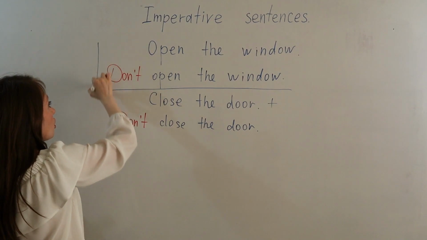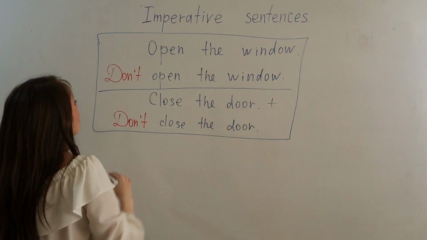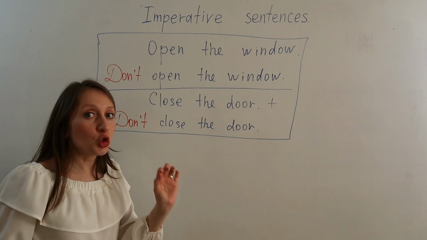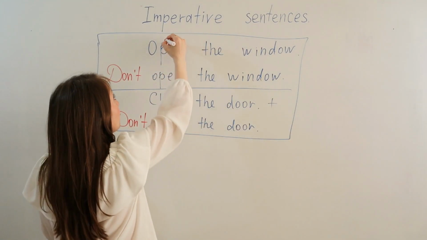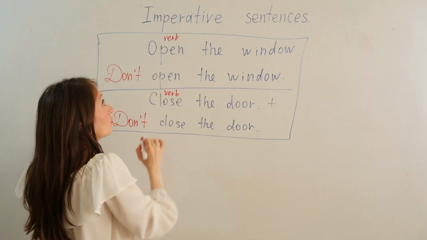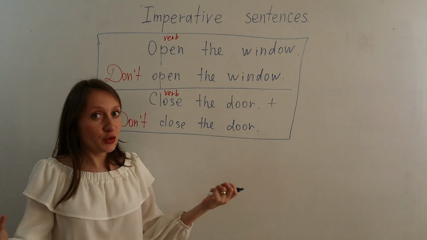Right? So this is the main structure for imperative sentences. The main rule. Start the sentence with the verb. This is verb. Action. Verb. Right?